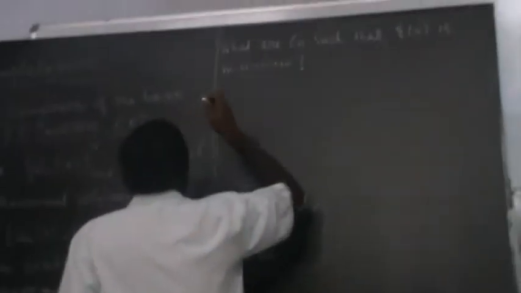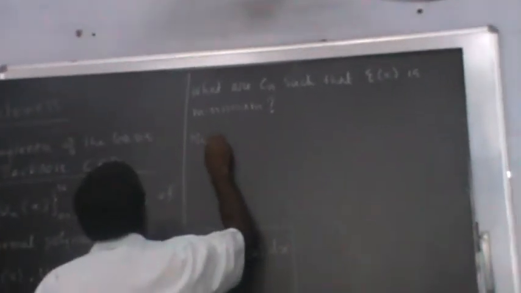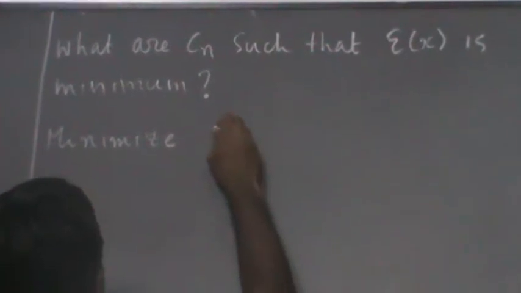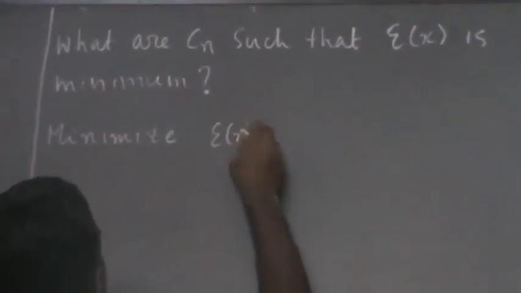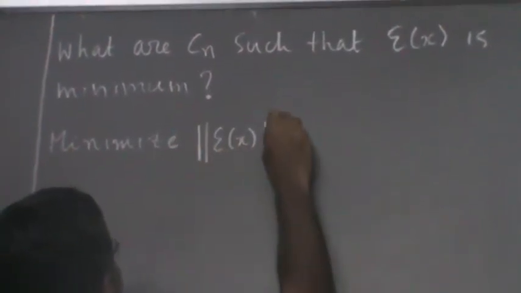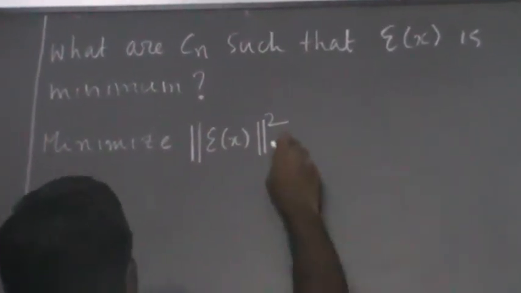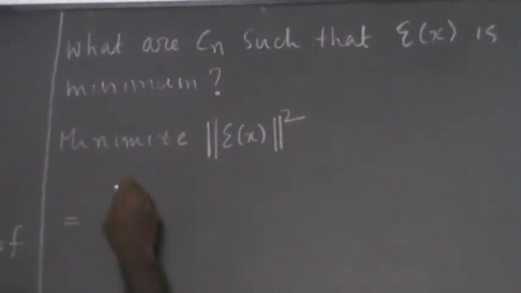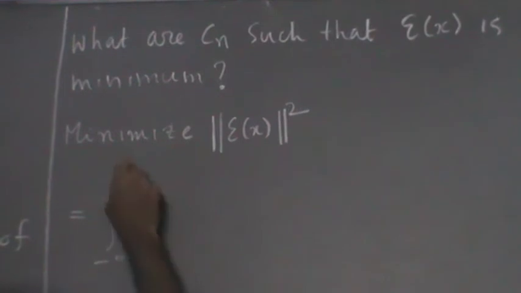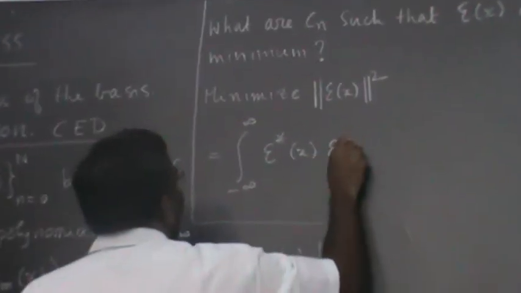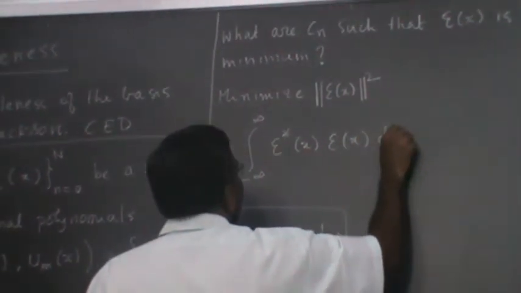You can minimize what is called the norm of E of x squared, which is equal to the integral from minus infinity to infinity of E star of x into E of x dx.